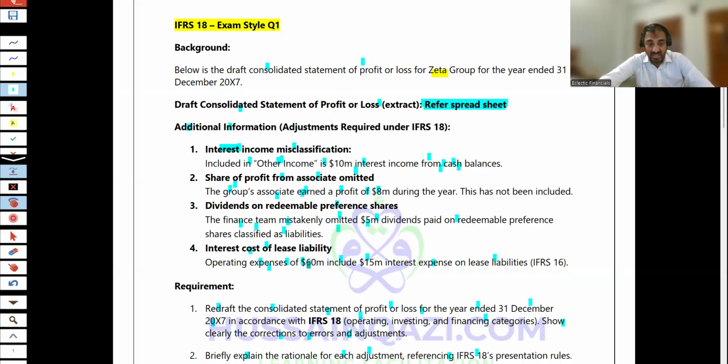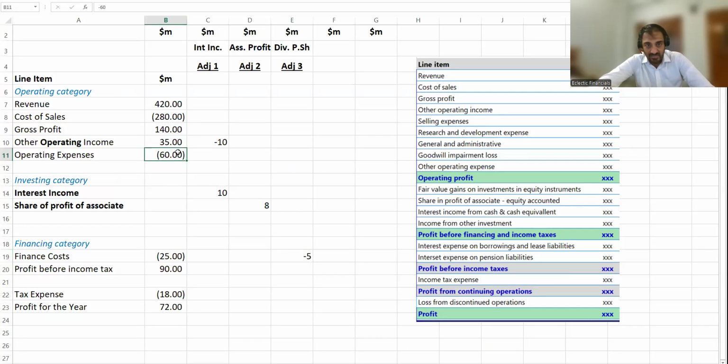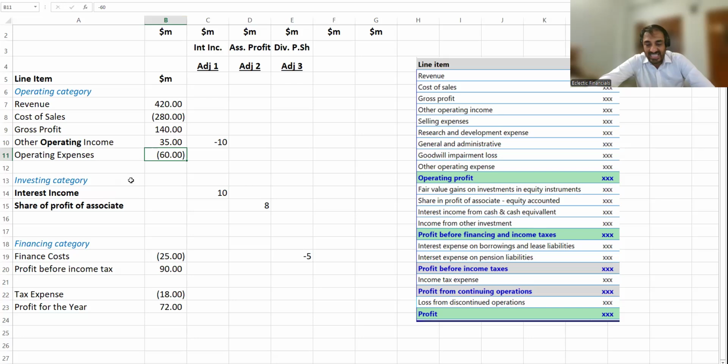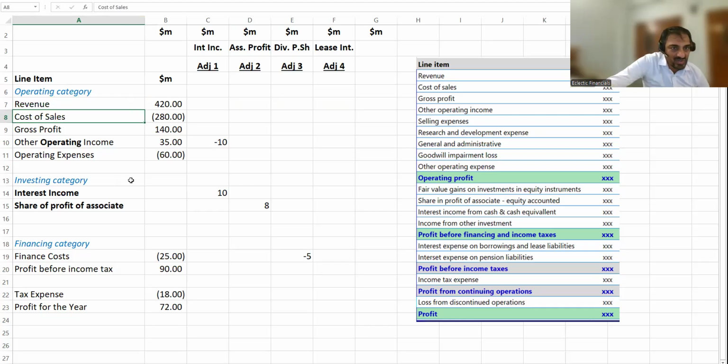Okay, next point. Interest cost of lease liability. Operating cost of 60 million includes 15 million interest expense. So that should not be part of operating expense. It's a mistake. So this is adjustment 4. Lease interest should be adjusted from there.